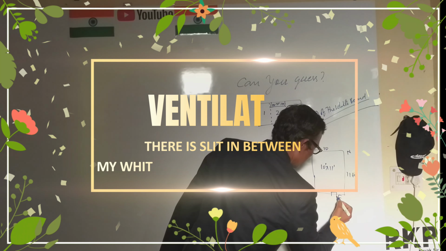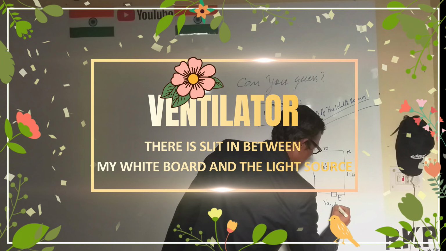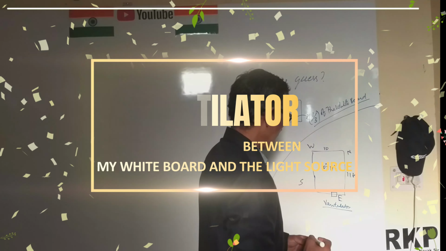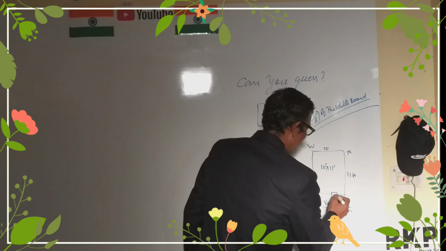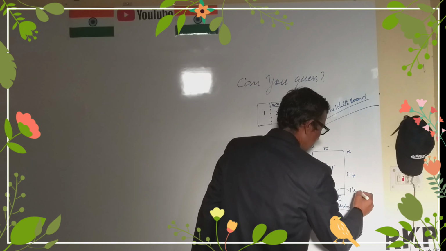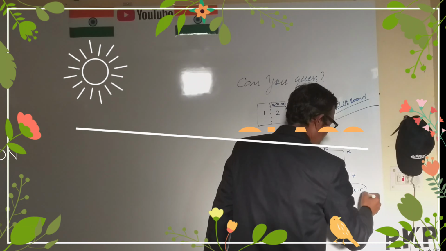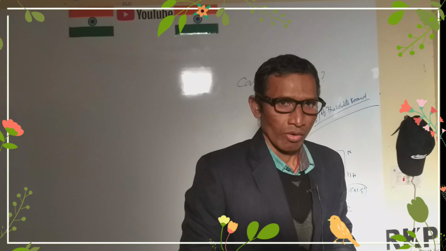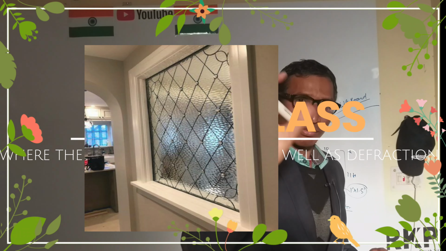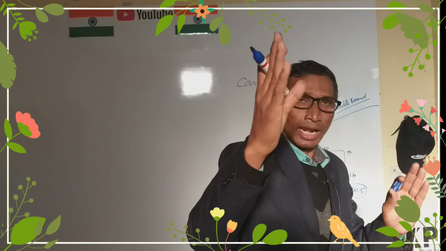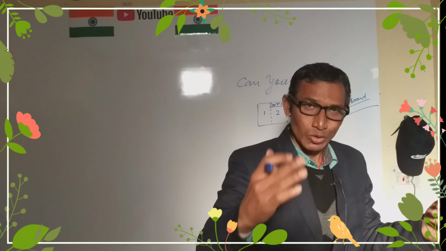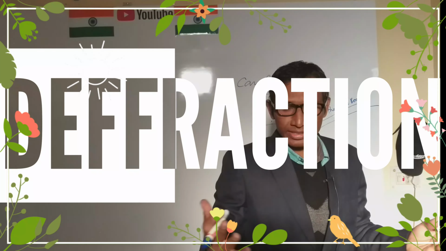This window is called a ventilator, and its area is approximately 1 foot into 1.5 inch, with Pyrex glass fitted on it. When sunlight strikes the Pyrex glass fitted on the ventilator, the light gets diffracted.